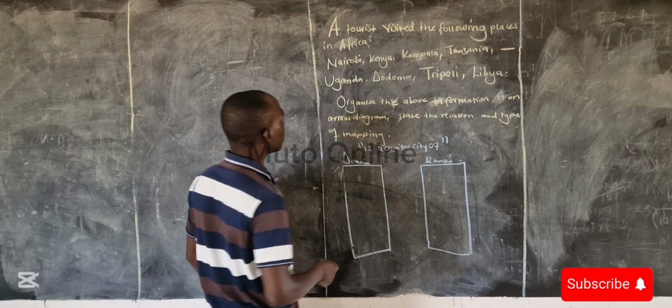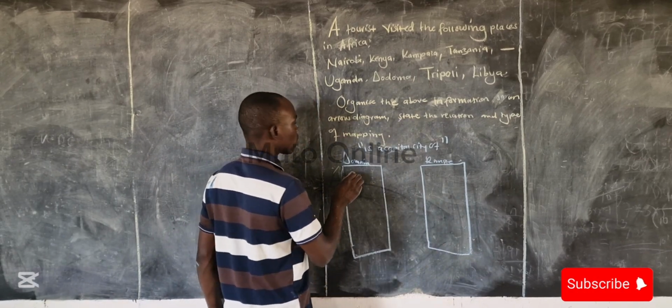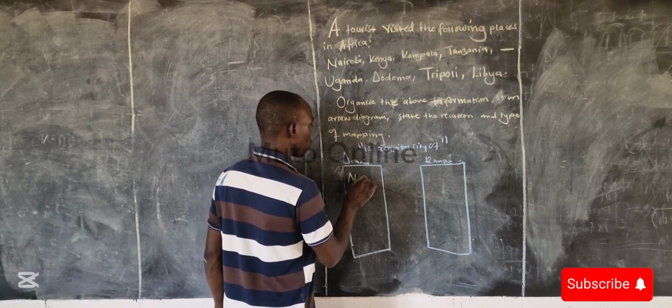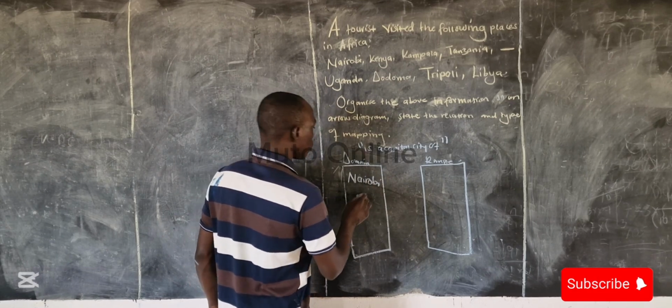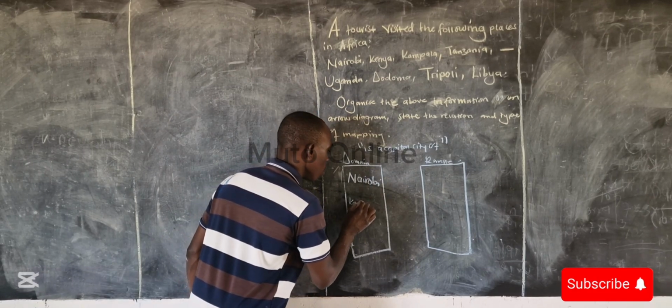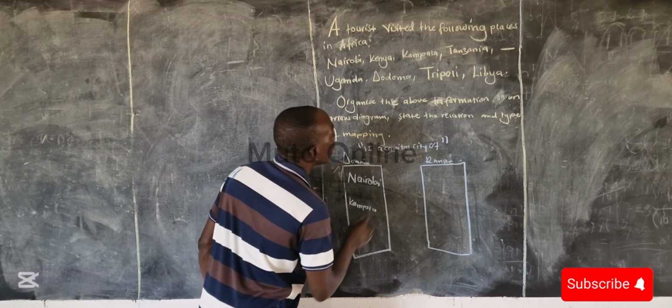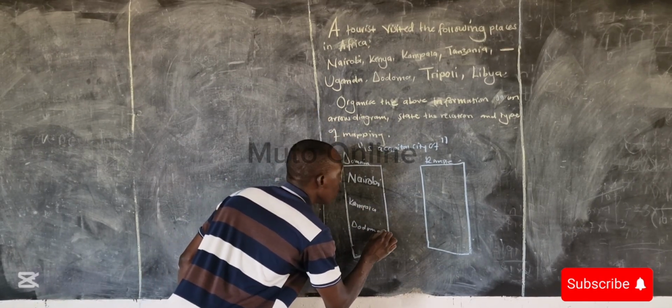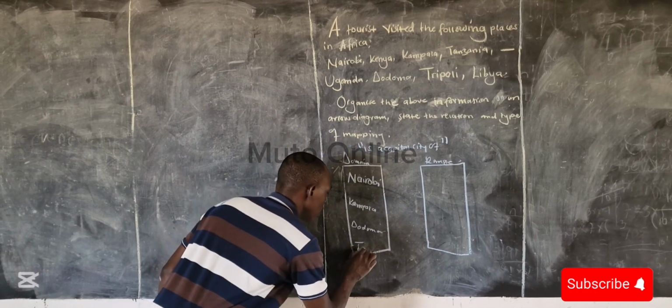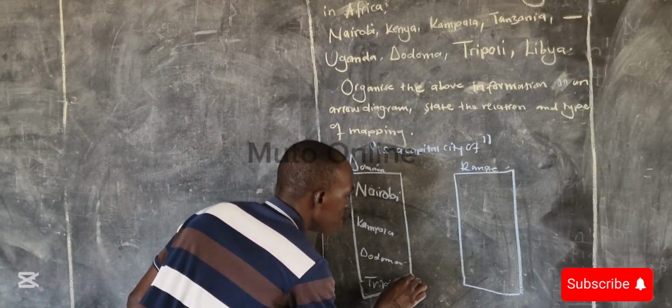So when you look at that, you realize that Nairobi is the capital city of Kenya. So we shall put here Nairobi, and then I'm also seeing Kampala, which is the capital city of Uganda, and then we are seeing Dodoma here, and then we are seeing Tripoli, which is the capital of Libya.